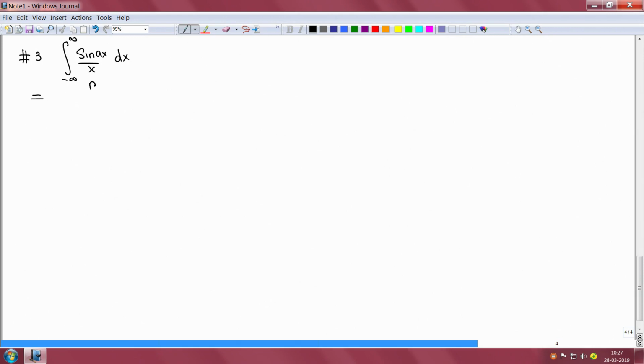This is exactly equal, an identity, to e to the power of i a x minus e to the power of minus i a x by twice i x dx, and we will write this as integral minus infinity to infinity e to the power of i a z minus e to the power of minus i a z by twice i z dz.